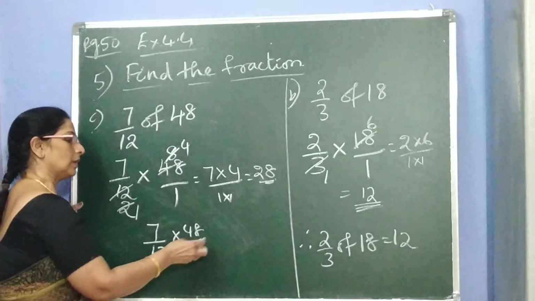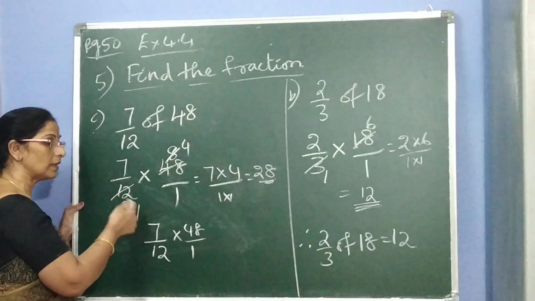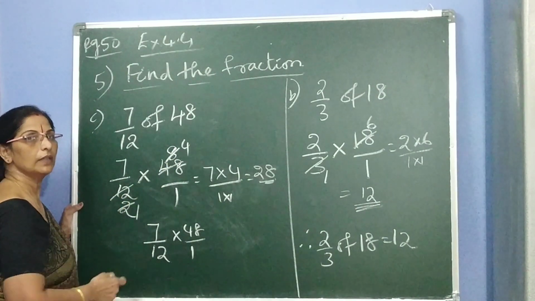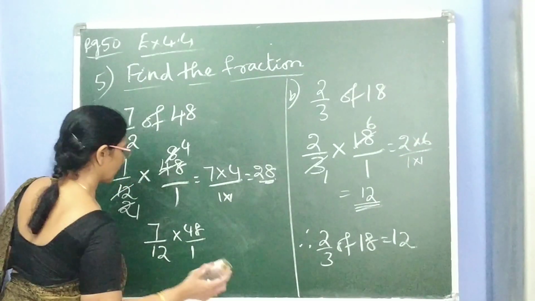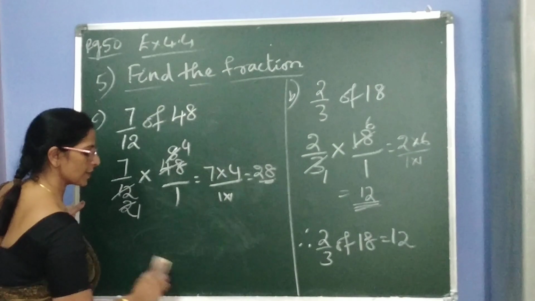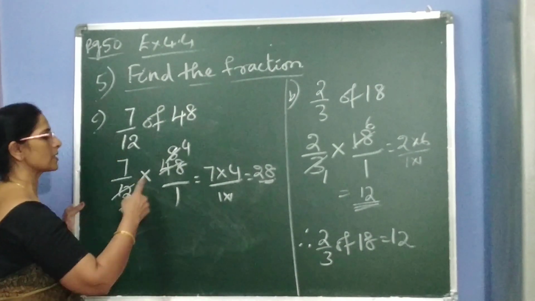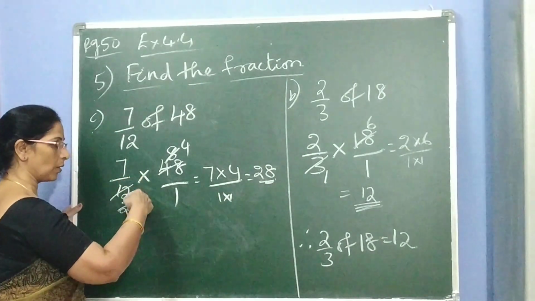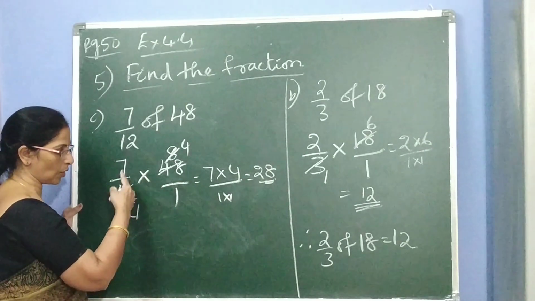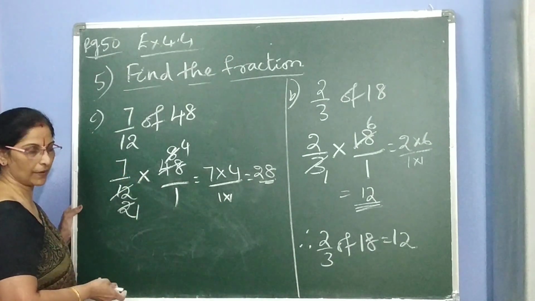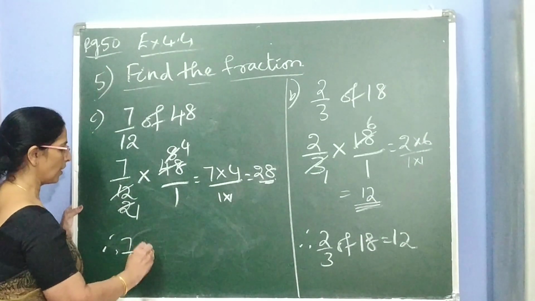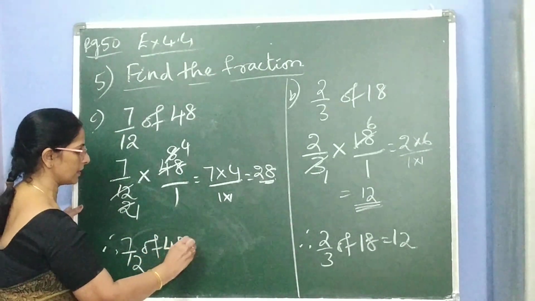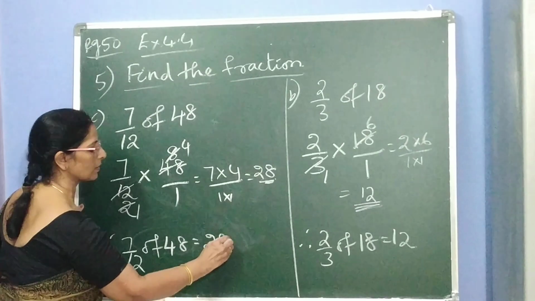So it is better to simplify the numbers than go for the answer. If simplification is possible for any of the cross numbers or up to down, we can go for the simplification. So therefore 7 by 12 of 48 is equal to 28.